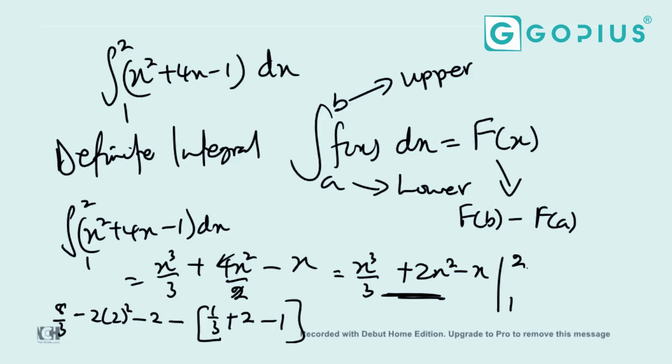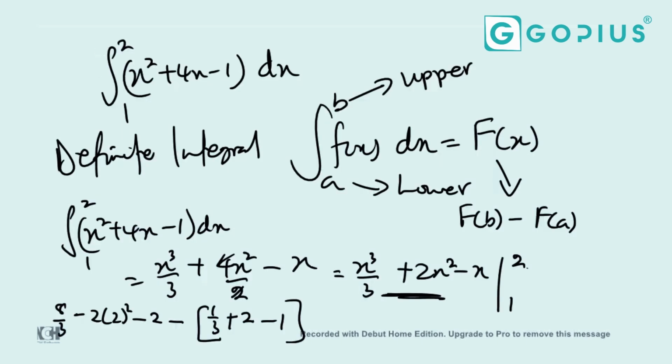On the next screen we are going to have 8 over 3, 2 squared there is 4, 2 times 4 will give you 8, then minus 2. So we are having 8 over 3 plus 8 minus 2.